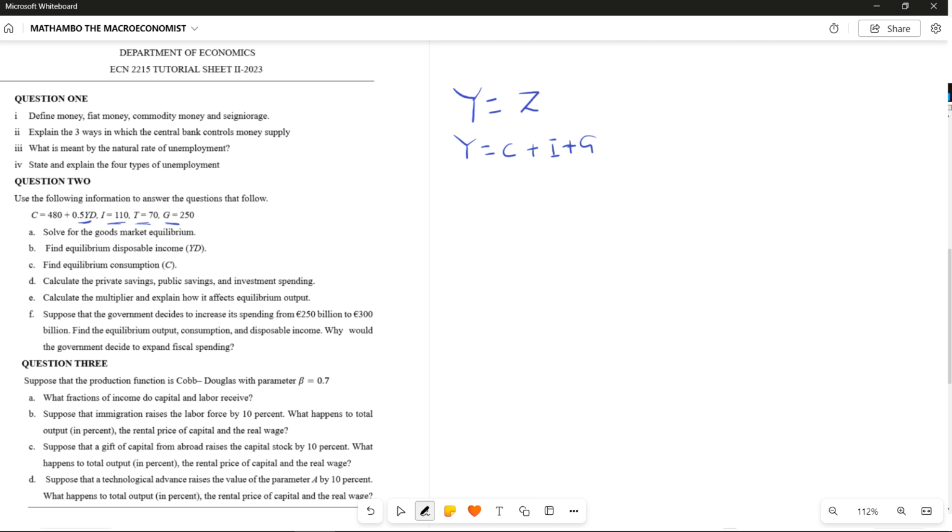And our consumption is equal to A plus BYD, where A is the autonomous consumption, and B is the marginal propensity to consume. And the YD is what is called disposable income.